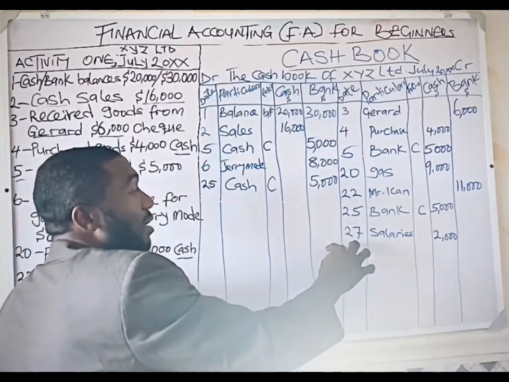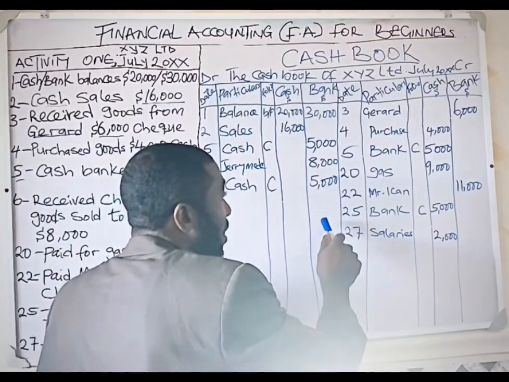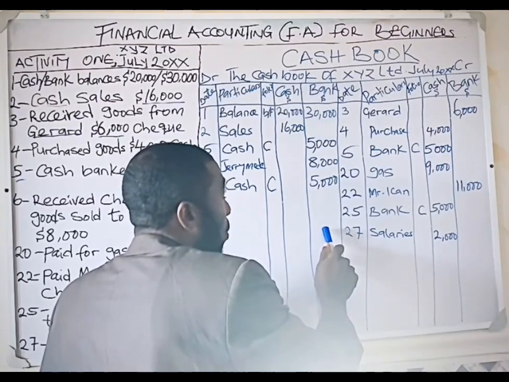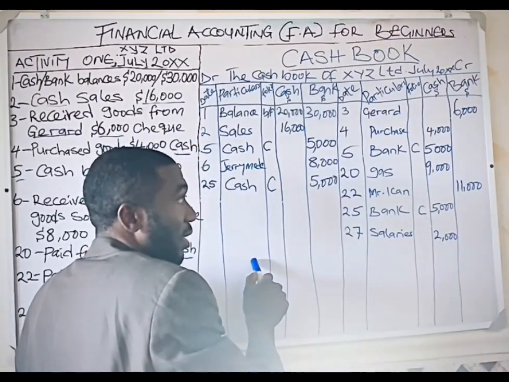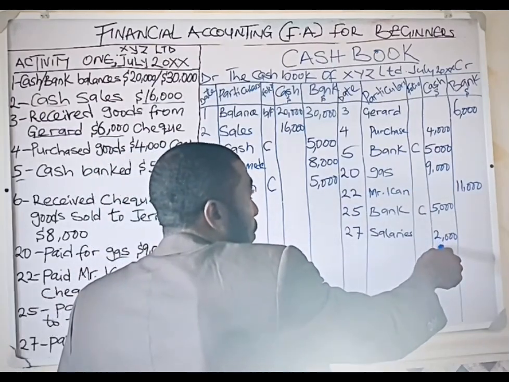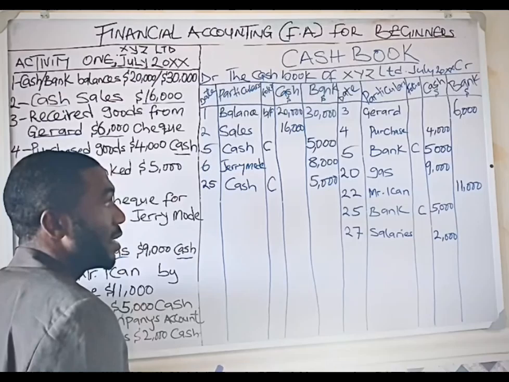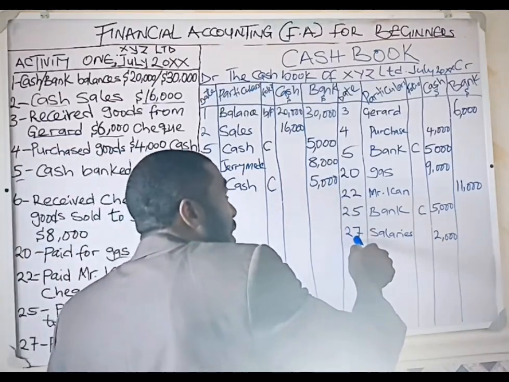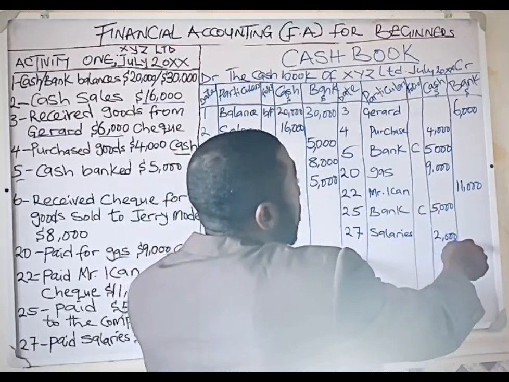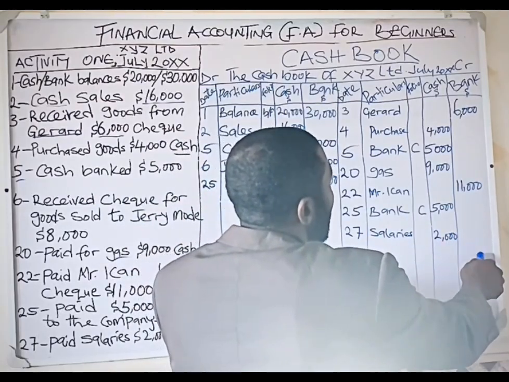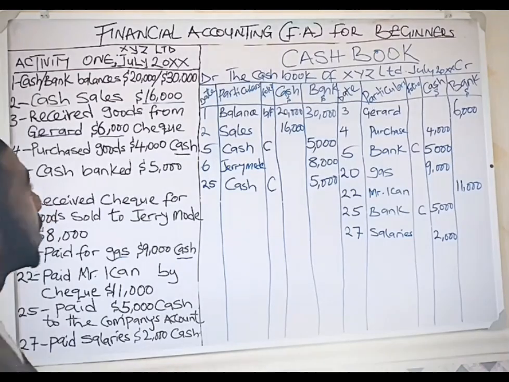And since this is having two columns, you first of all compare the cash column of the debit side with that of the cash column of the credit side. Then you compare the bank column with that of the bank column of the credit side. That is all.